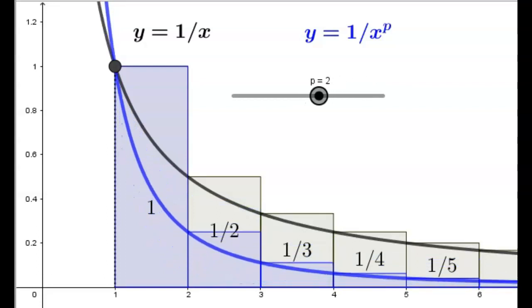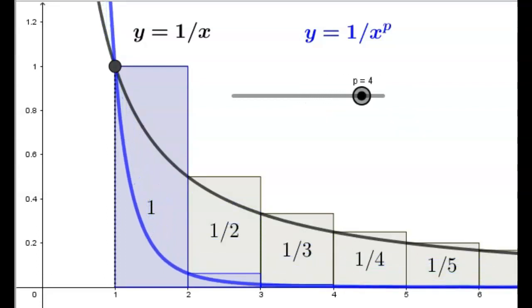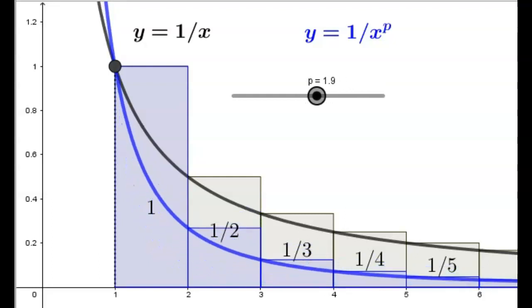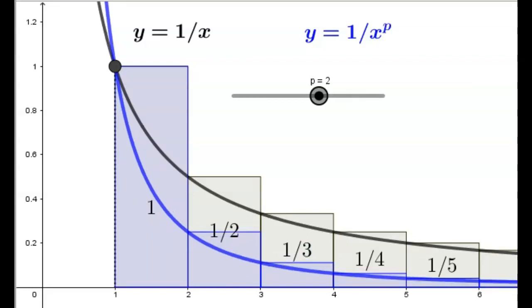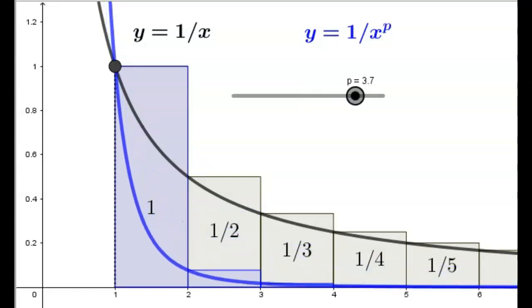The direct comparison test does not apply because we're not comparing it with a convergent series. We're comparing it with a divergent series. We can't conclude convergence. So we're going to have to investigate this separately. The divergence of the harmonic series doesn't tell us anything about the p-series when p is greater than 1. We're going to adapt the approach we have right here, but in a somewhat sneaky way. I'm going to jump back over to the blackboard and show you what I mean.